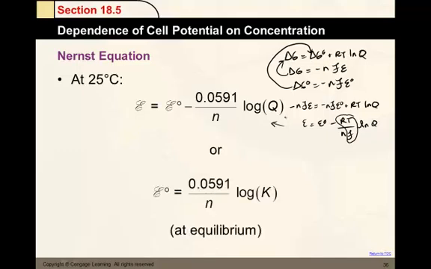Or, as you can see, log K at equilibrium, because Q equals K at equilibrium. And I think of Q or K as simply the concentration of the products over the concentration of the reactants.